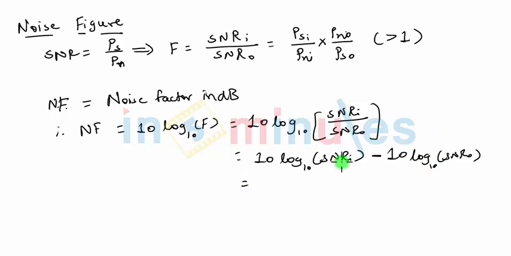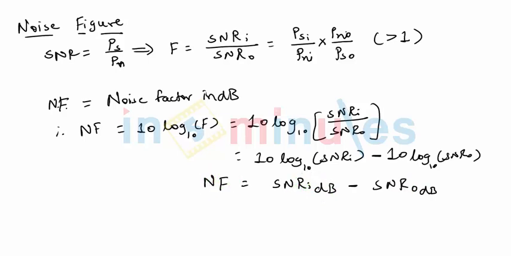This is nothing but SNR on the input side in dB minus SNR on the output side in dB. So the difference between SNR values in dB on the input and output side is nothing but the noise figure.